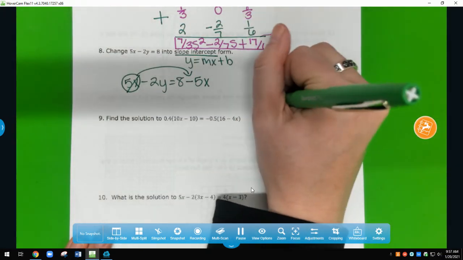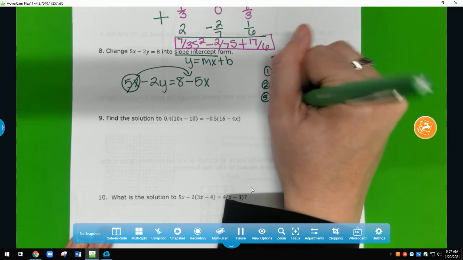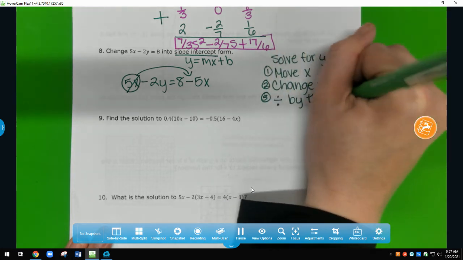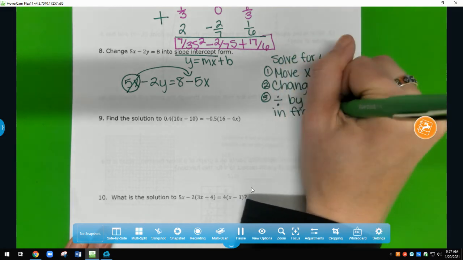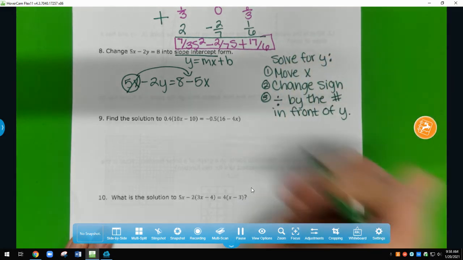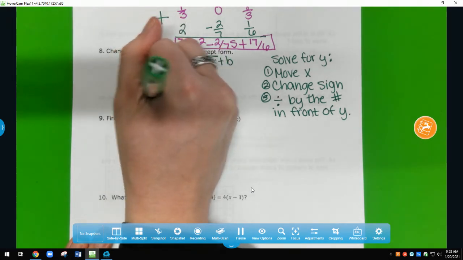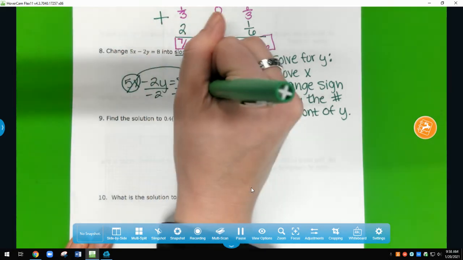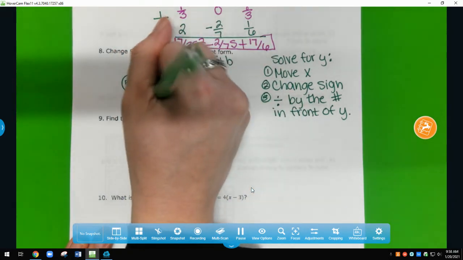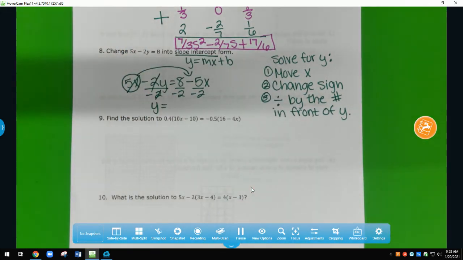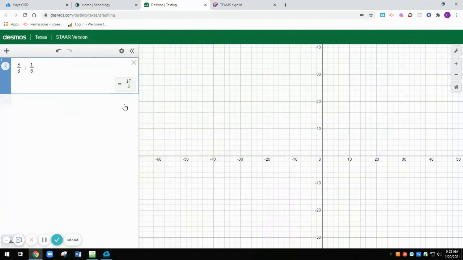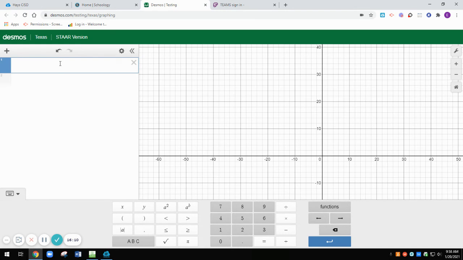The last step, I'm going to divide by the number in front of y. Okay, so remember the sign as well. So we're dividing everything by -2. So I'm going to have y equals 8 divided by -2. So if you need to, go to Desmos and type that in. So -4.